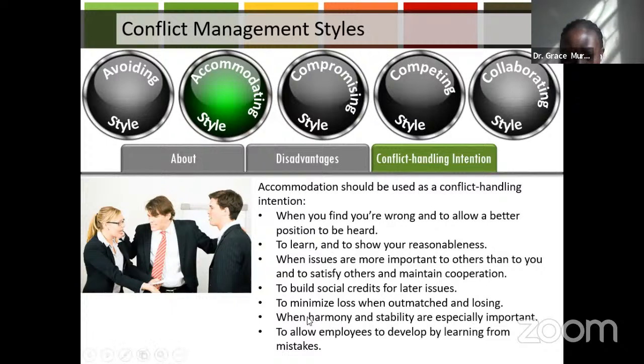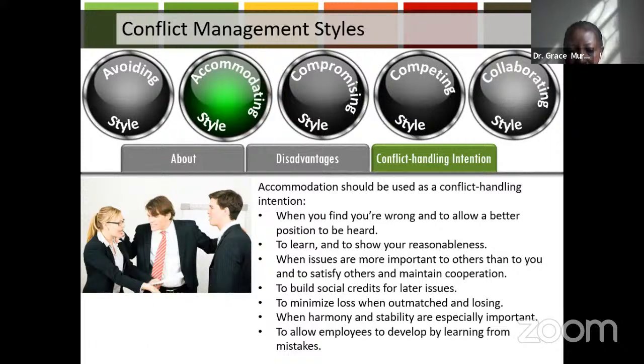You're also saying to minimize loss when outmatched and losing. Interesting. When you really feel in this discussion, I am not winning it, I don't have facts for this conversation, for this conflict. And then of course, to allow employees to develop by learning from mistakes.